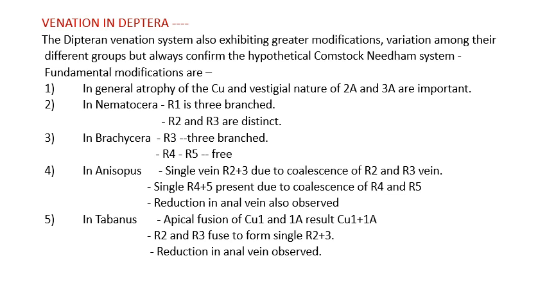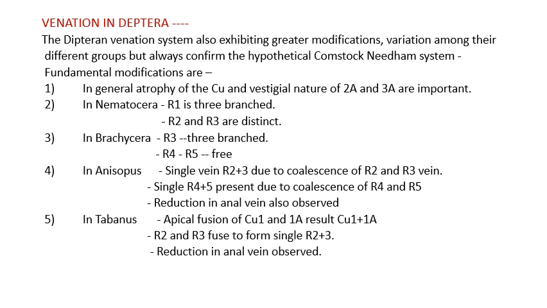Now in the case of Diptera, again some major modifications are: the first, the general atrophy of the cubitus, and the vestigial nature of 2A, the second anal, and the third anal are important. In Nematocera, R1, meaning radius 1, is 3 branched.